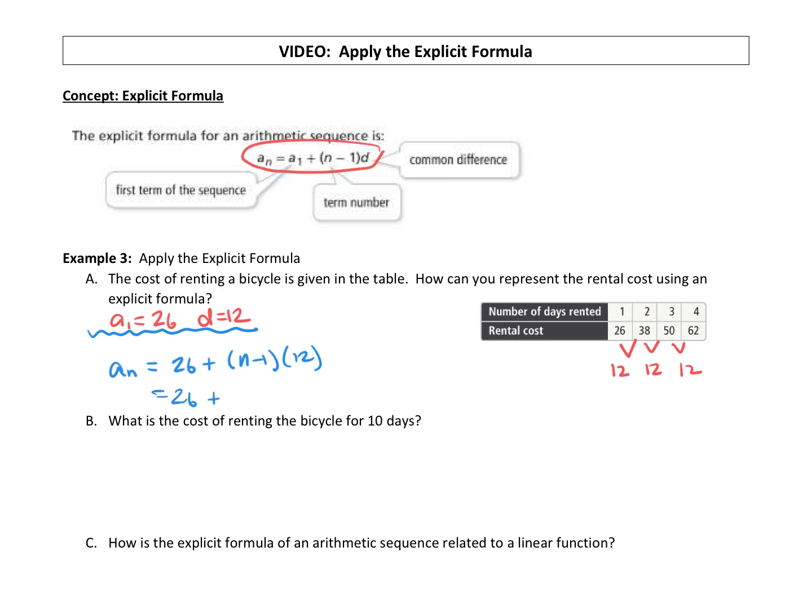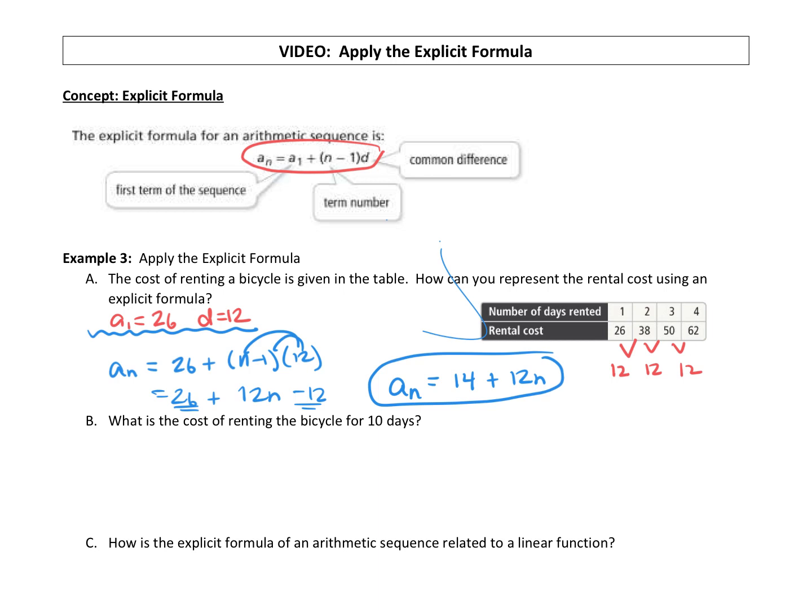So we have 26 plus 12 times n is 12n. 12 times negative 1 is negative 12. We have some like terms we can combine. 26 minus 12 is 14. So our final rule, or formula, is going to be a sub n equals 14 plus 12n. This will give the rental cost for n days.